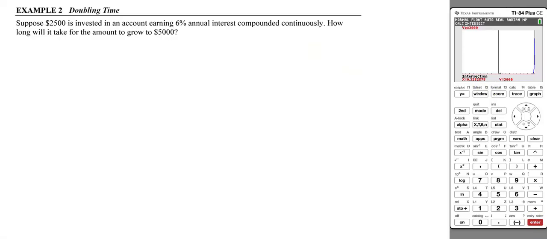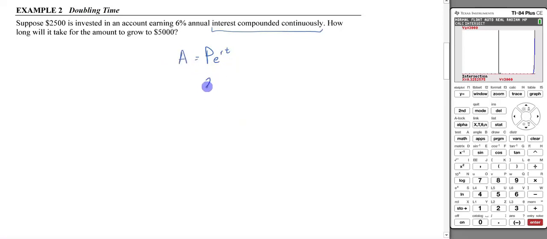Example 2, doubling time. Suppose $2,500 is invested in an account earning 6% annual interest, compounded continuously. How long will it take for the amount to grow to $5,000? Let's remember our formula for interest compounded continuously. P e to the rt is the ending amount.